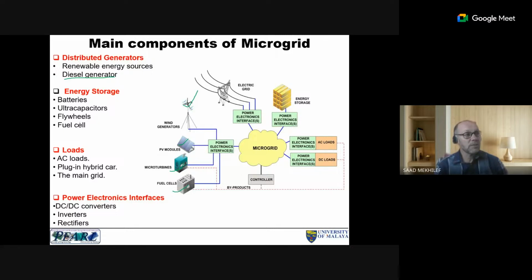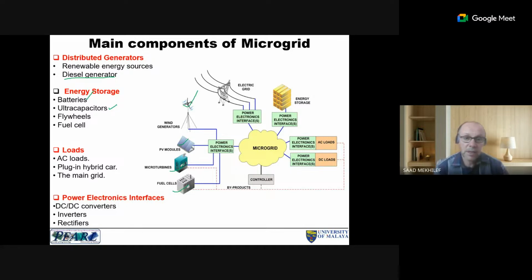Storage also can vary. Most of us know only batteries, which are the conventional option, but we can have ultracapacitors. Ultracapacitors have a very high power density but low energy density, so they are faster than batteries in terms of response.